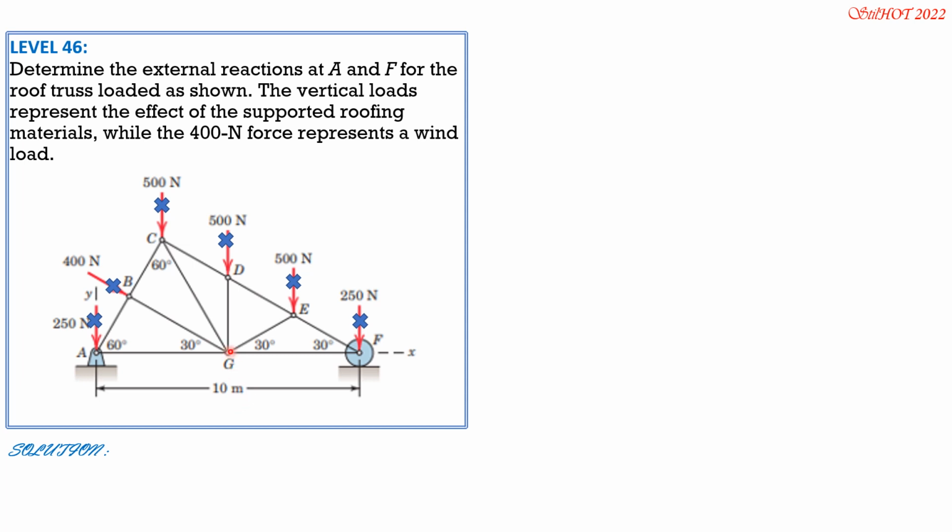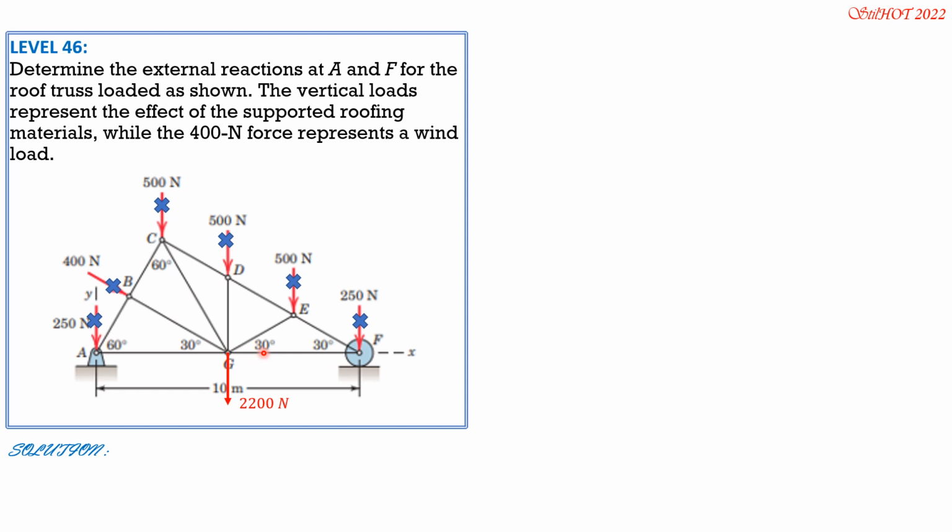Let's begin with the vertical load. The vertical load is 500, 500, 500, plus 250, 250, 2000, plus the vertical component of 400, which can be combined with 2000 here, which is 400 sine 30. So 400 sine 30 is 200 plus 2000, so 2200 newtons downward.